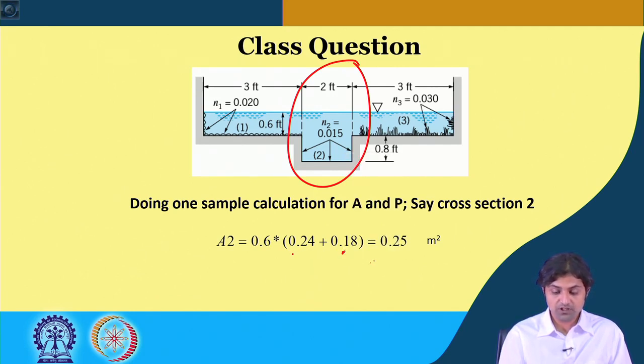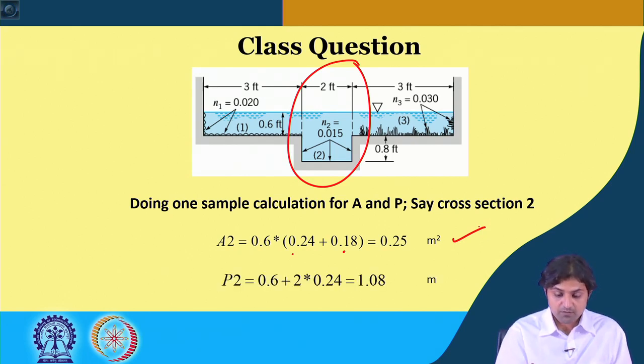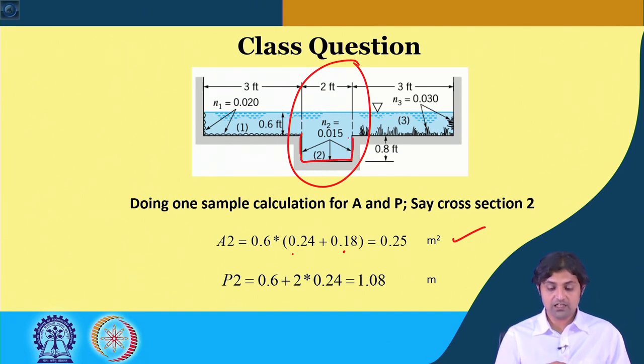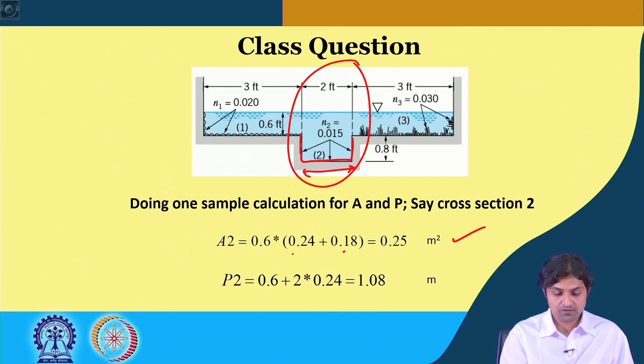So, area is 0.6 multiplied by 0.42, which is 0.25 meter square, A2. Similarly, the wetted perimeter is going to be only this one plus this one plus this one. This is 0.6 meter or 2 feet, and this one is 0.8 feet, and if you multiply it with 0.3 it will be 0.24, and we have 2 of those, 1 and 2. So, 2 into 0.24, and this gives us 1.08 meter.